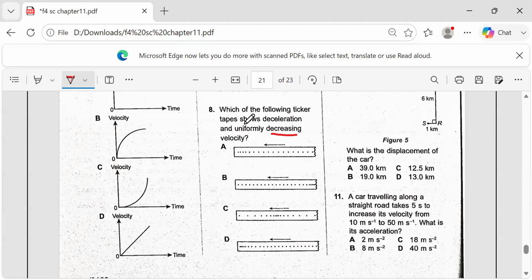Deceleration. Uniformly decreasing, ma. This one is uniform, what? Can see it, not? Closer and closer. Alright?